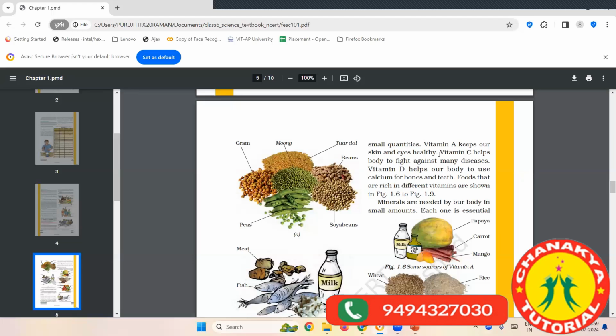Foods that are rich in different vitamins are shown in the figure. If you see the figure, you have a lot of grams like moong dal, tur dal. These are all rich in protein, right? Whatever dal you take in, these dals are all rich in protein content.